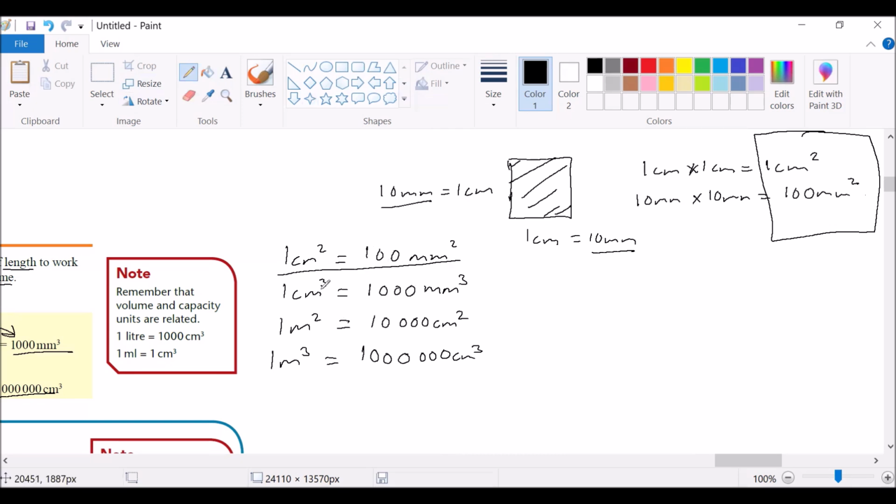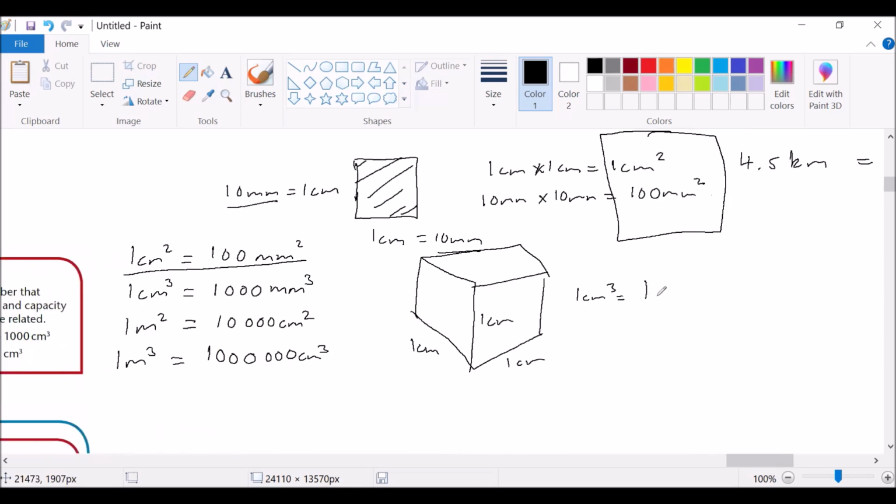For conversion from cubic centimeters to cubic millimeters, we have a cube which has sides 1 centimeter by 1 centimeter by 1 centimeter. To calculate the volume, we say length times length times length. So 1 centimeter cubed is 1 centimeter times 1 centimeter times 1 centimeter. But we know 1 centimeter is the same as 10 millimeters.